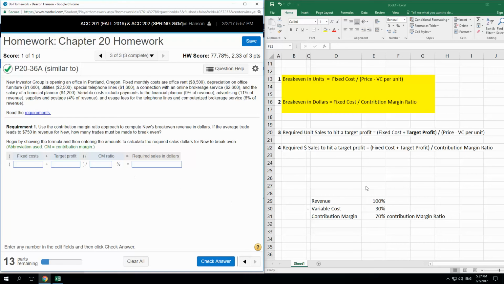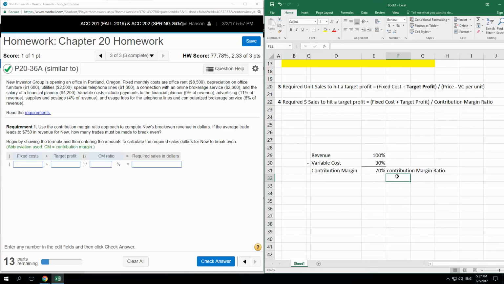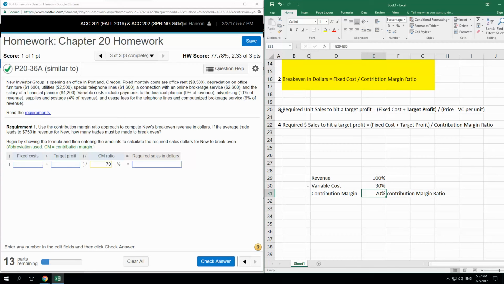Now we've already figured out our contribution margin ratio, which is 70%, so that's going to be over here. And then we also need to add up our fixed costs. If you look back at the problem, we have fixed monthly costs: $8,500 for office rent.